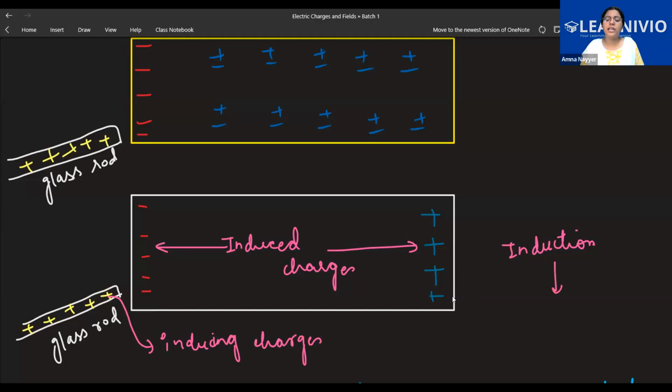Just one more thing, Ali. If I am holding this glass rod near the conductor, the charges are separated, negative on this side, positive on this side. But as soon as I remove the glass rod, there is nothing to hold the negative charge.